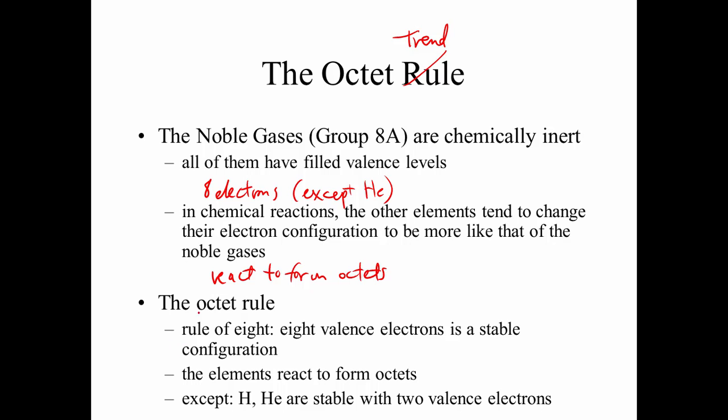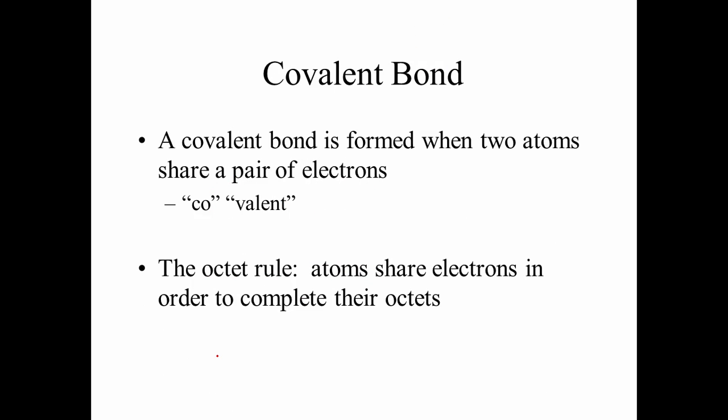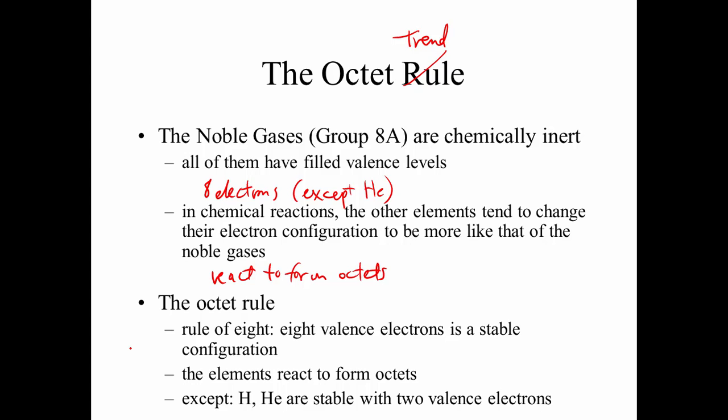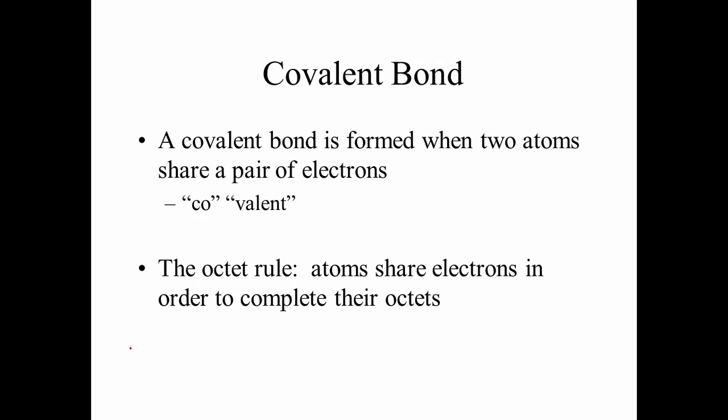So octet is Latin for 8. So the rule of 8 valence electrons is a stable configuration. So elements will react to form octets. They react in 2 different ways. They can react by sharing electrons or transferring electrons. When they share electrons, that's what we call a covalent bond, meaning to share their valencies.